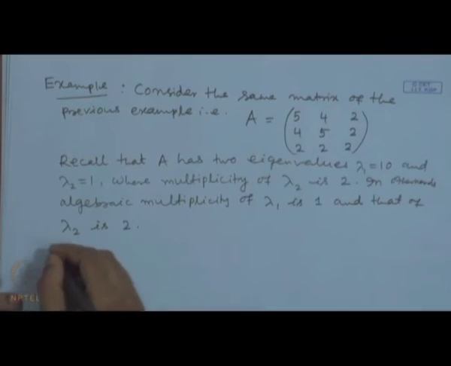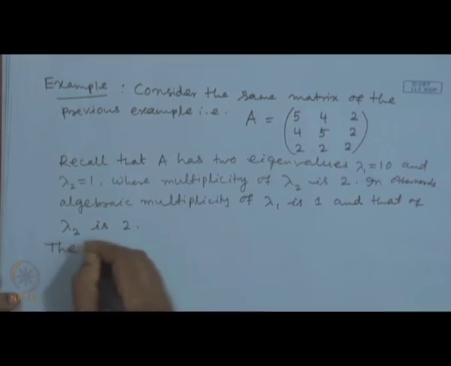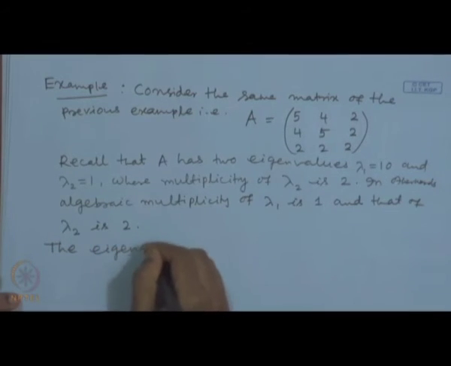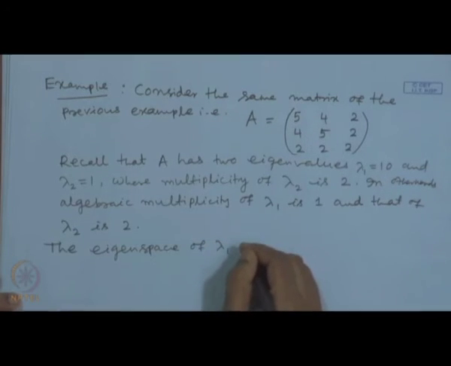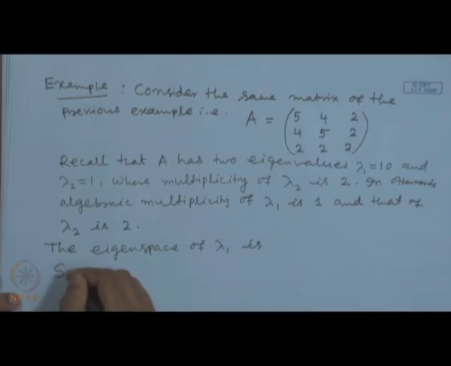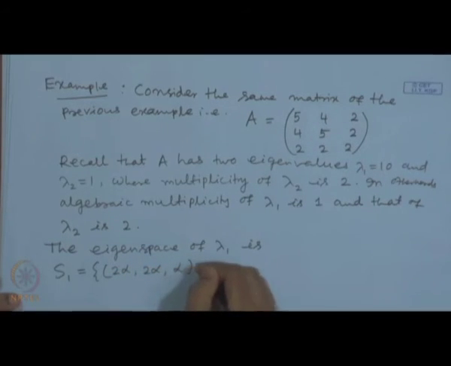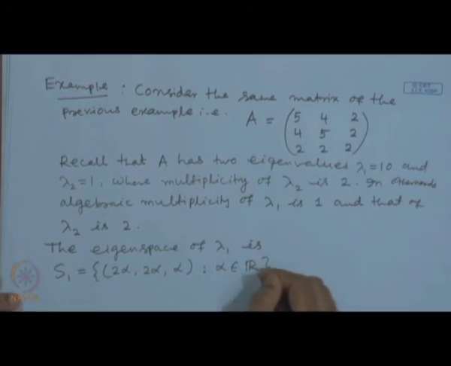Again recall that the eigenspace of lambda 1 is this set S1, that consists of 2 alpha, alpha, alpha such that alpha belongs to R. Here we are including the 0 vector, so we do not have to take alpha non-zero.